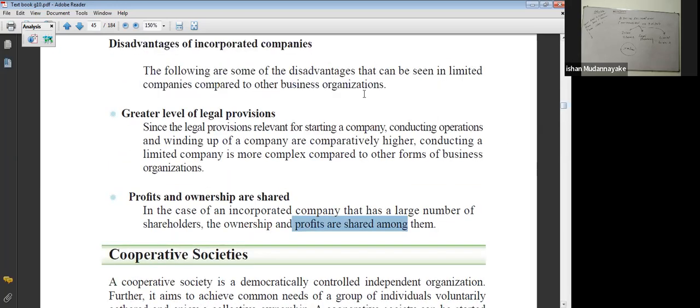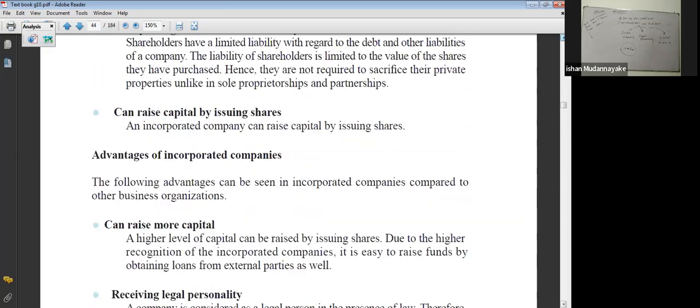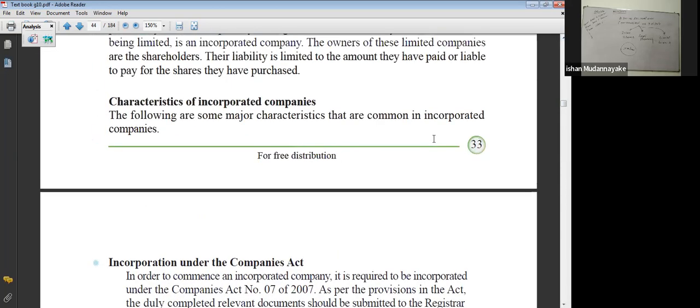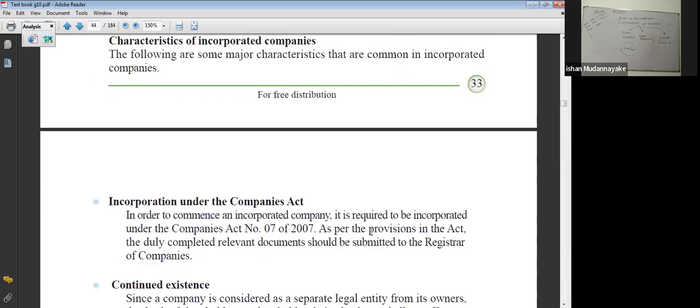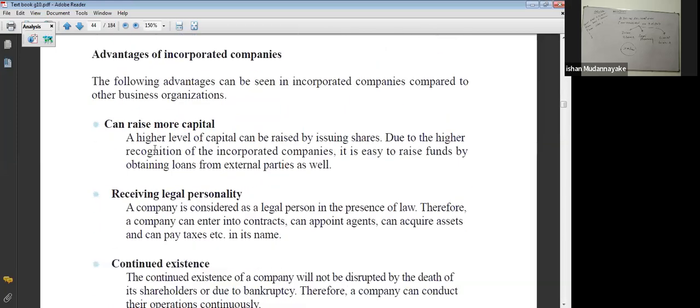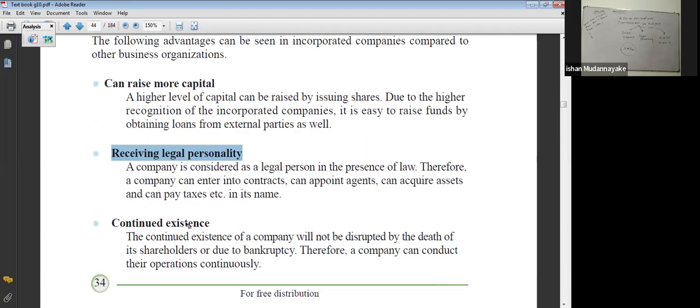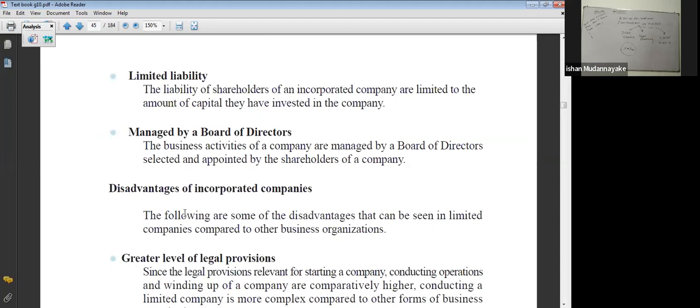Then what did we discuss today on the incorporated company? We discussed characteristics: incorporation under the Companies Act, continued existence, ability to register with limited liability, and can raise capital by issuing shares. Then we discussed advantages: can raise more capital, receiving legal personality, continued existence, limited liability, and managed by a board of directors.